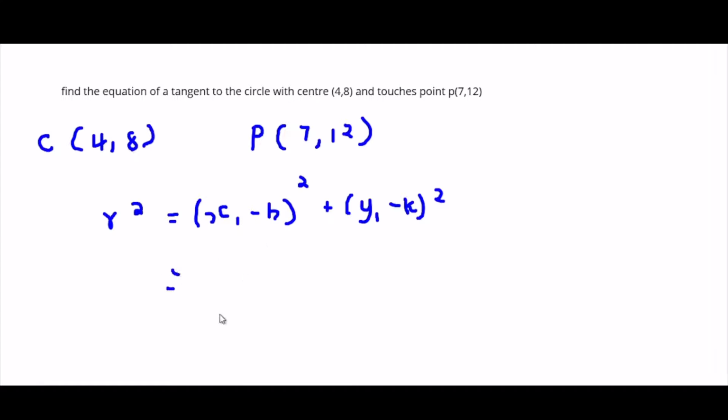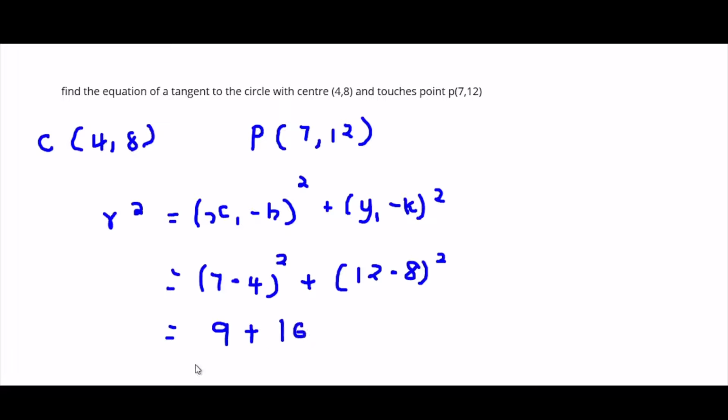So our x1 is 7 minus our h, which is 4, squared, plus our y1 is 12 minus our k, which is 8, squared. So it's 7 minus 4 is 3, 3 squared is 9, plus 12 minus 8 is 4, 4 squared is 16, so 9 plus 16 is 25, and that's our r squared, so the value of r will just be 5.